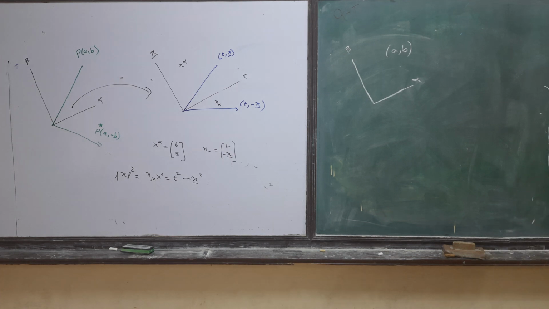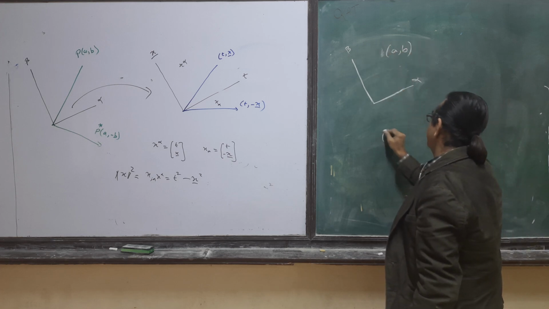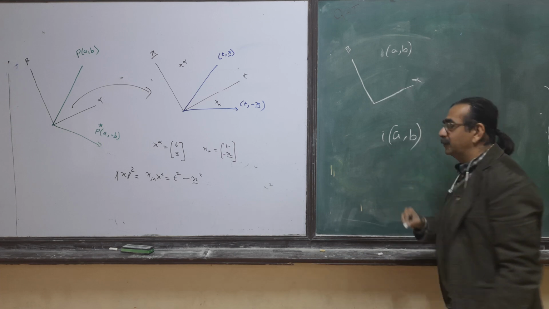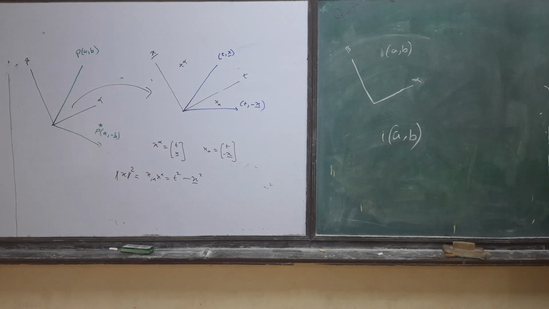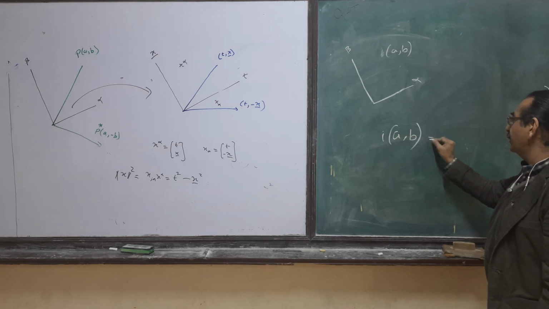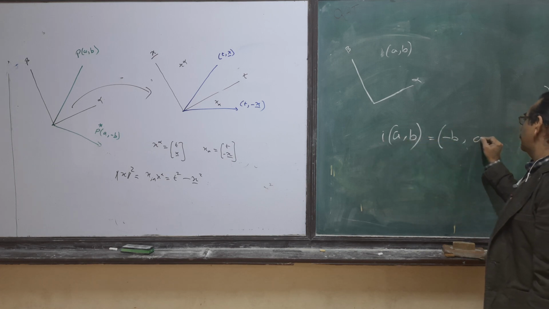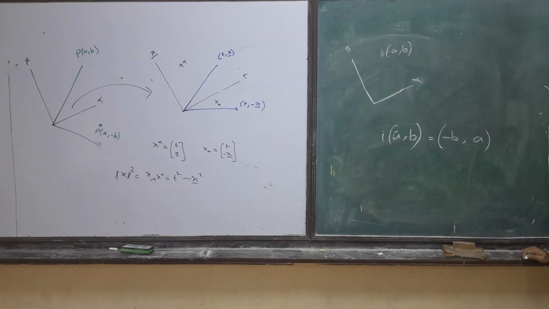If we rotate it, for example, if I multiply it with A and B, then what will happen? This becomes minus B, and this becomes A, the ordered pair will be changed.